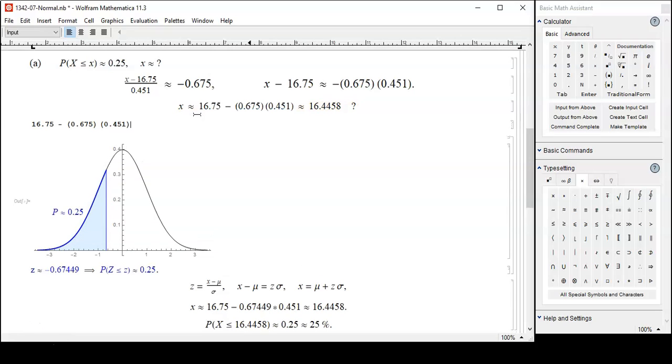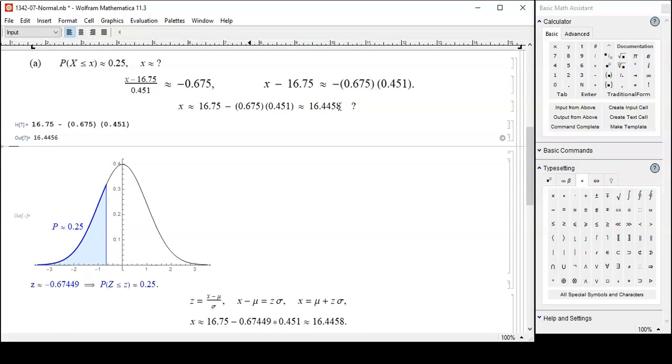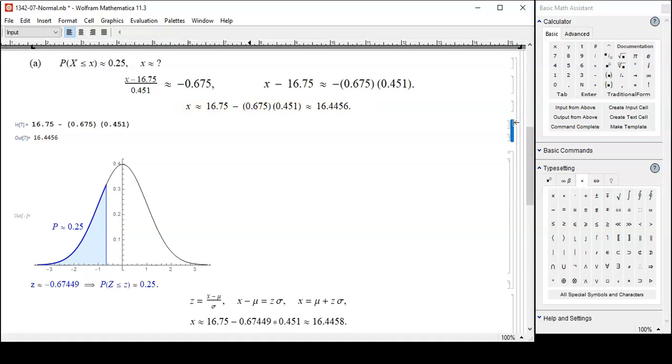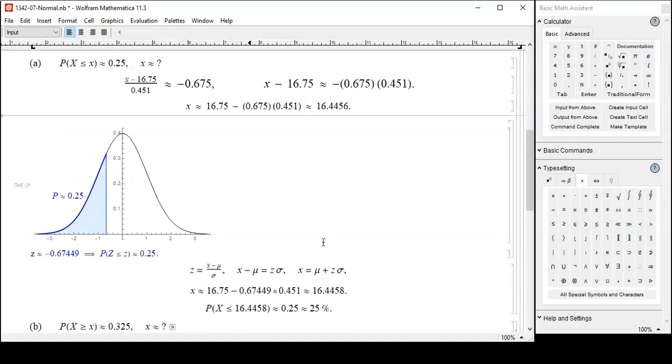So if you run Mathematica, you're going to get 16.4456 if you use just 4 decimal digits. And if you use more decimal digits with Mathematica, you're going to get something a little bit more accurate, 16.4458. In any case, they're close enough. Very close, as a matter of fact. And that's the 25th percentile, or the first quartile.